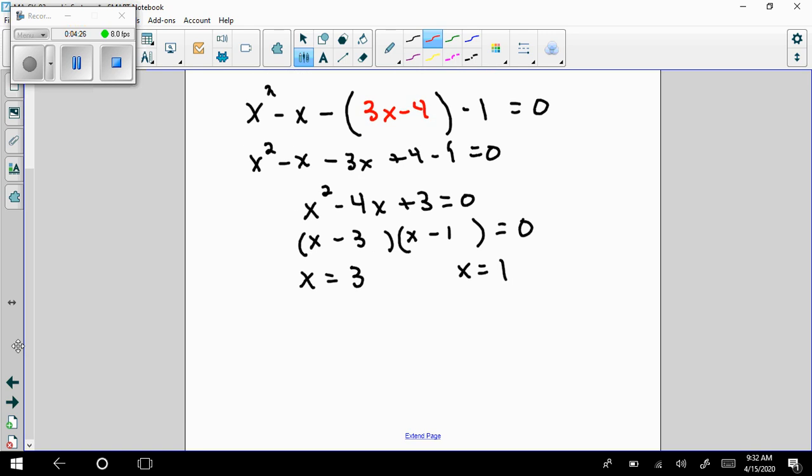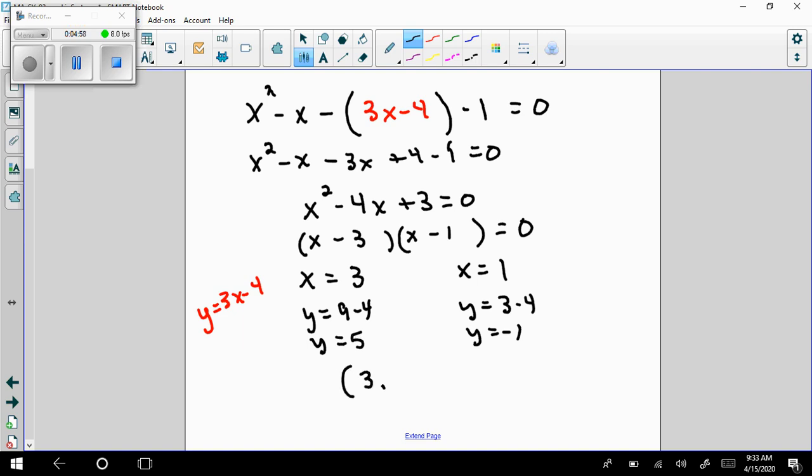So now if I go back and use that, I have y equals 3x minus 4. So if I substitute 3 in for x, I get y equals 9 minus 4, so y is equal to 5. And for this one, I get y equals 3 minus 4, so y is equal to negative 1. So for this one, I have 2 solutions. I have a point at 3, 5, and I have another intersection point at 1, negative 1.